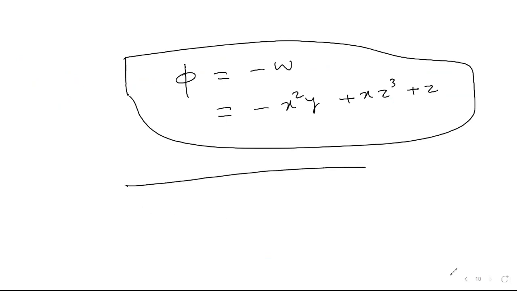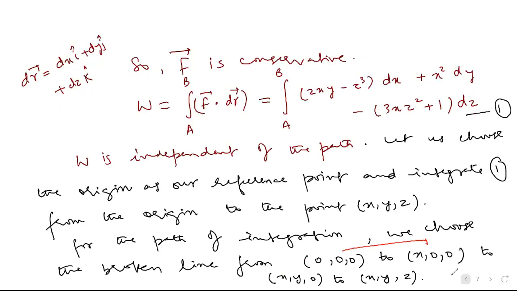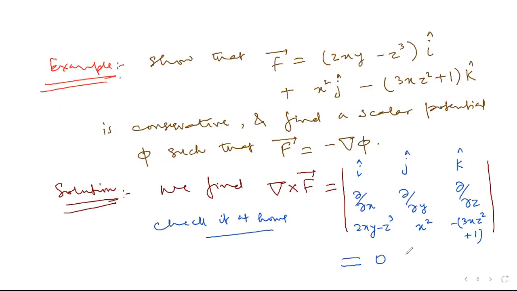So this completes our solution. Let me summarize it. The question was like this: show that this force field is conservative and find a scalar potential phi such that F is minus del phi. So what we did, we first calculated the curl of F. It turned out to be 0, which establishes that F is a conservative field. So I gave you homework to check this determinant, whether it is 0 or not. It is 0, you check it.